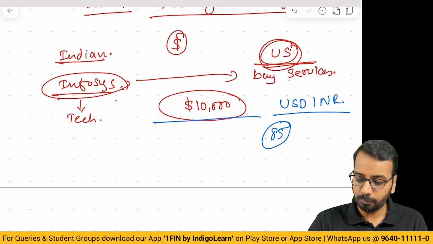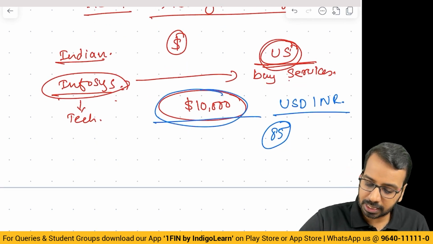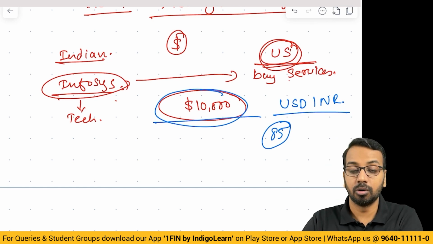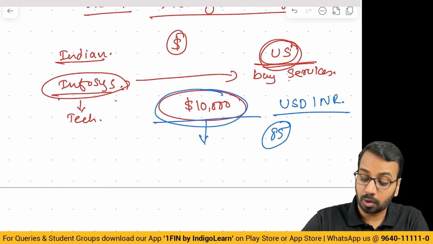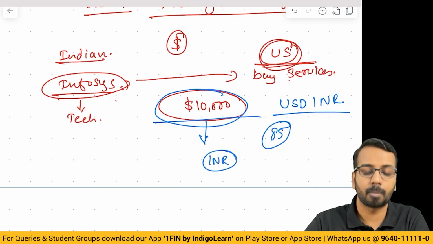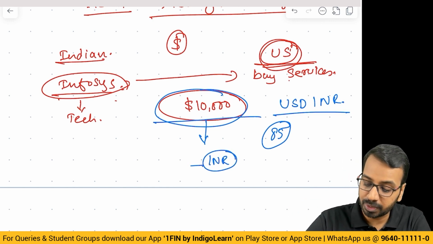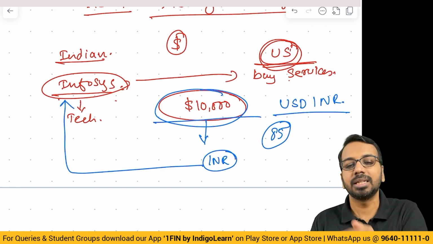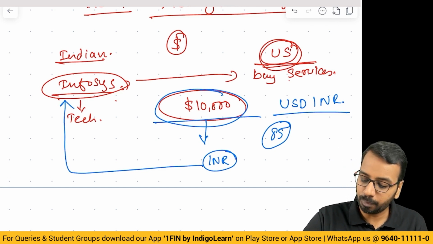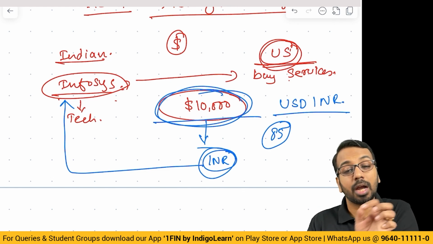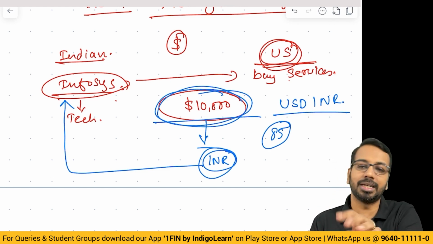Right? Now, when I am invoicing $10,000, when I am saying that $10,000 is the invoice value, this, when I have to record in my books of account, I have to record in INR, because Infosys has to present its financial statements in INR. Right? So what Infosys has to do is this $10,000, it has to convert to INR and record in its books of account.